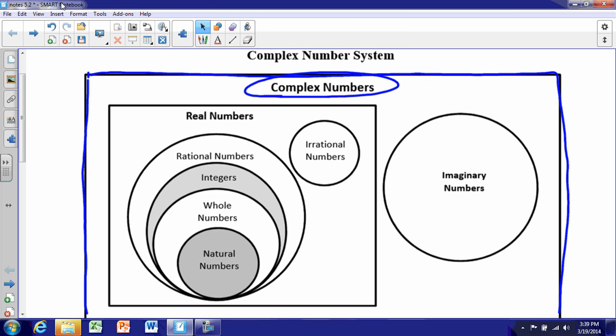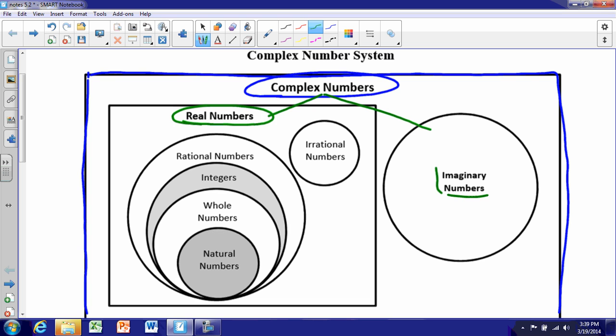Okay? Then complex numbers break into two categories: real numbers and imaginary numbers. Now, imaginary numbers are all the numbers with i's. If it doesn't have an i, then it is a real number. Well, real numbers then break into two more categories. You have rational numbers and irrational numbers.